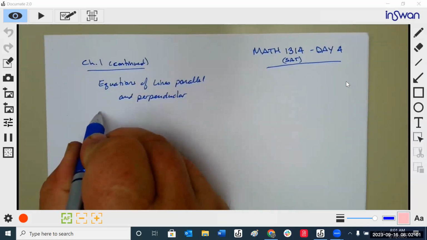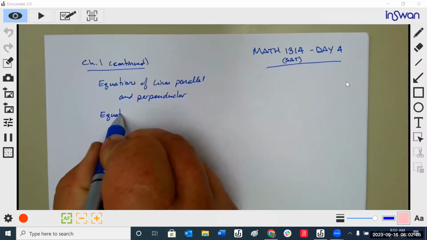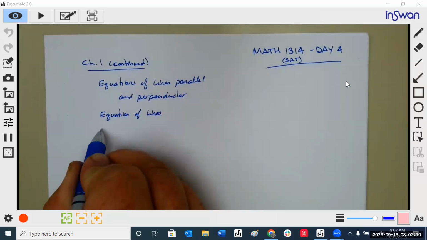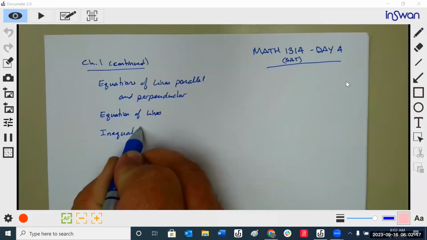Then we're going to talk about equations of lines in general. And then we're going to finish up by talking about inequalities.